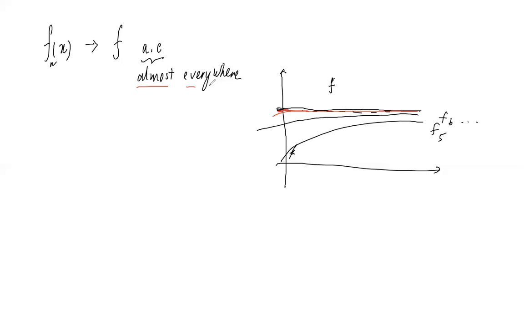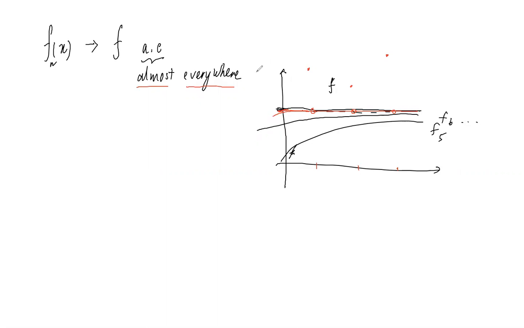Now I introduced the word almost everywhere here. Why? It could happen that there are certain points where it doesn't converge to f, but goes to some weird points. It doesn't matter. It can be some arbitrary points like this. But on the whole, your fn is equal to f.